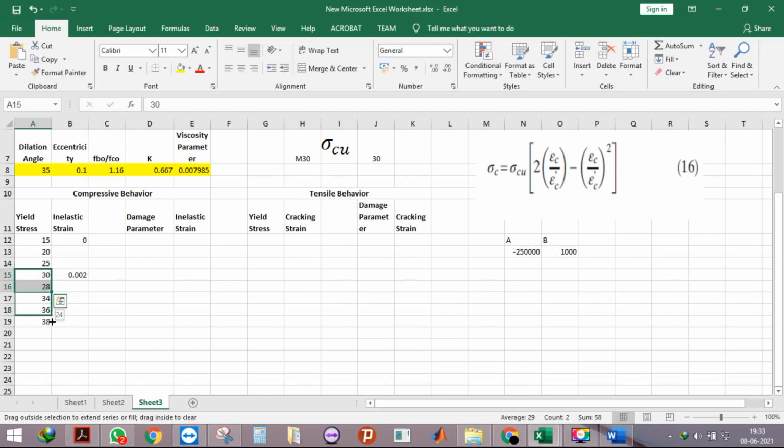So this should be reducing the stress after 30. Also it should be reducing. If you check the graph, the stress is reducing.